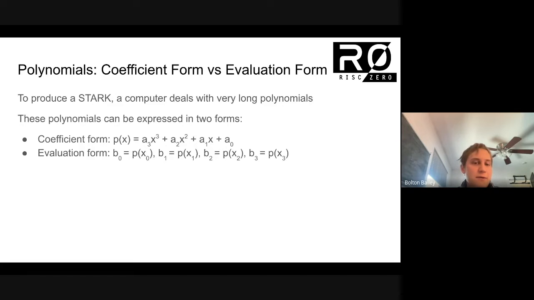If you take 4 different locations and evaluate the polynomial at those locations, that's essentially as good as giving you the polynomial coefficients, because as we'll see, there are ways of going back and forth between these two things. And this is really important for the STARK software, because the person producing a STARK proof is actually going to have to do operations that involve both of these forms.